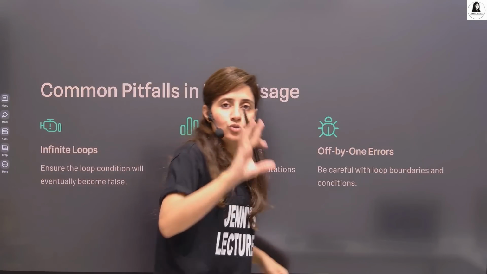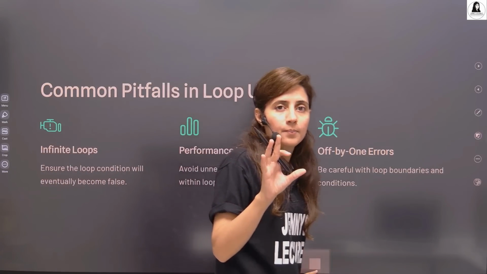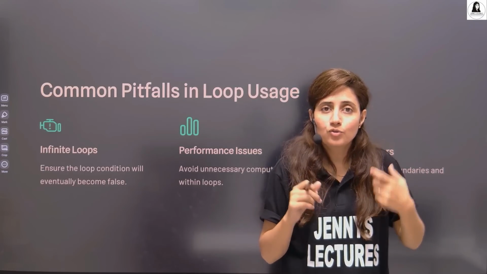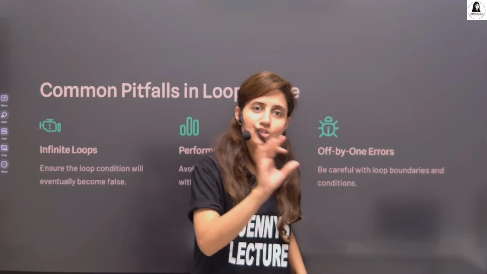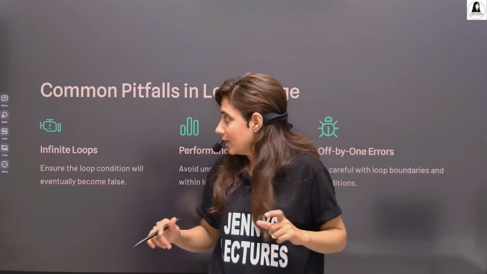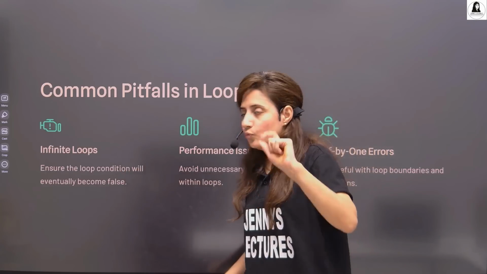But while you are using loops, you have to take care of some points, especially in finite loops. You have to frame your termination condition very carefully, right? Because many times loops would become infinite loops.